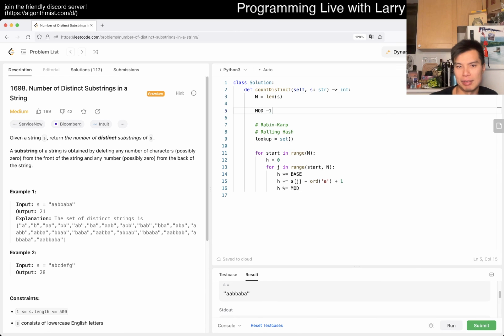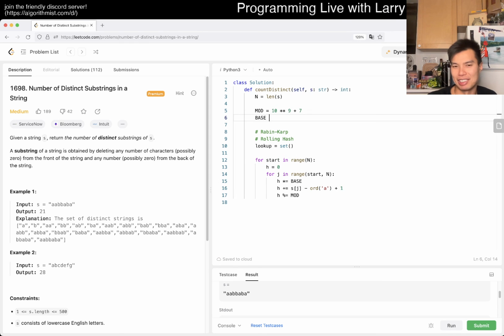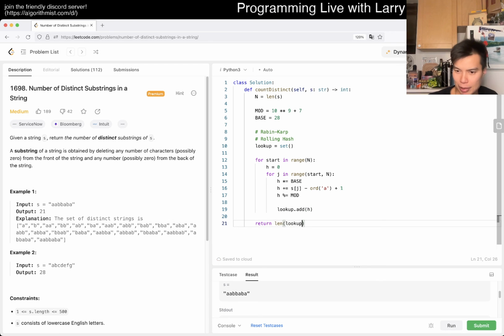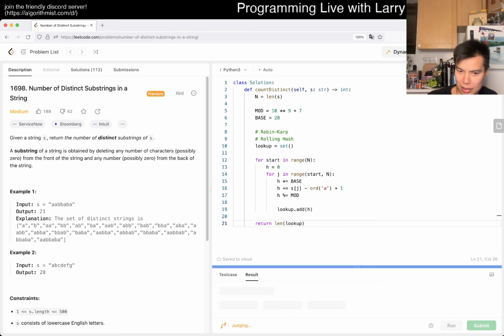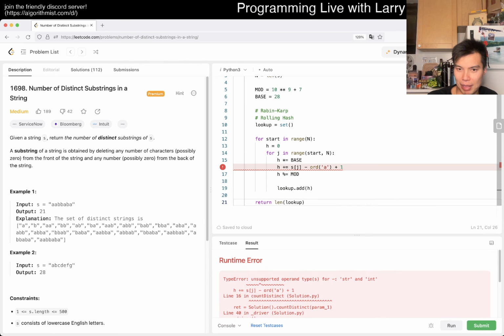For now, I'm just going to write something lazy, because there are no challenges in this one, right? Just some big enough number, right? And then lookup dot add h, right? And then we just return length of lookup, right? Pretty straightforward rolling hash.